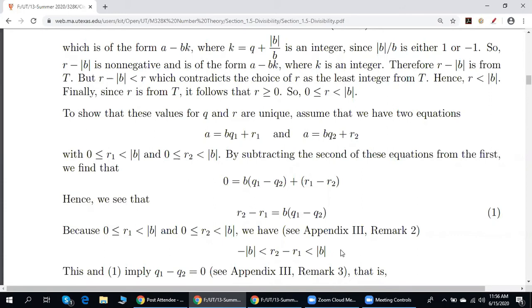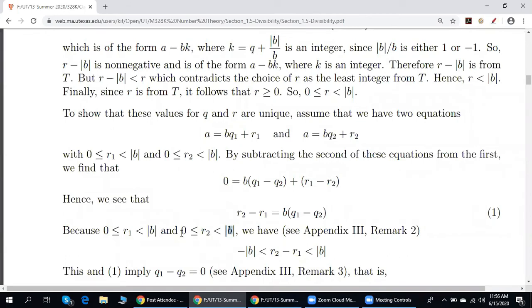Question is, how come that this follows from this and this? Note that if we have two inequalities, we can add these inequalities, but we cannot easily subtract inequalities. We cannot just subtract R1 from R2.